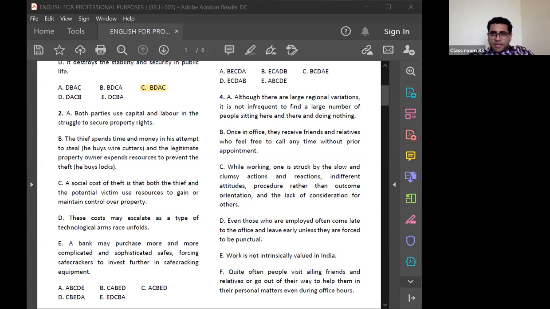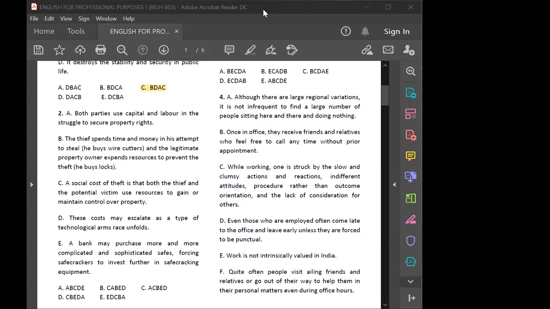Okay, just explain how you are going through it. So the opening statement is C, according to you. Yes, sir. C says the social cost of theft is that both the thief and the potential victim use resources to maintain social control over property. So it describes the thief and the victim first.